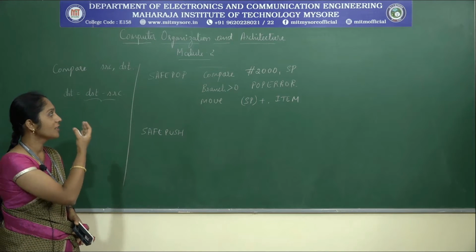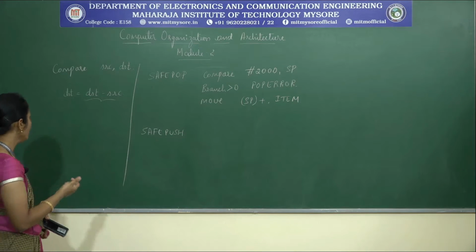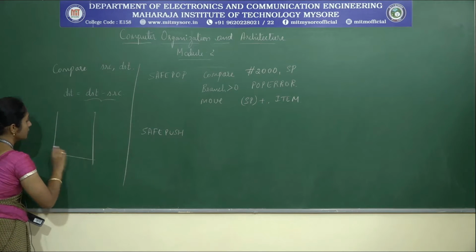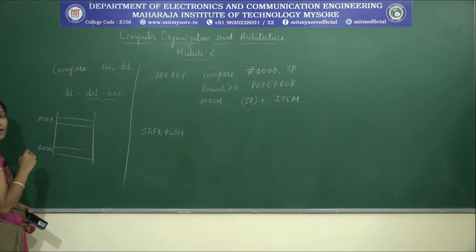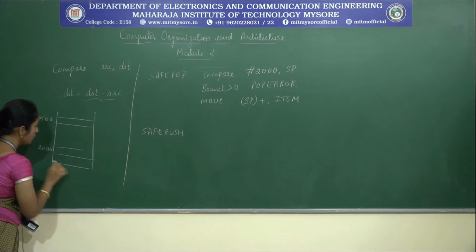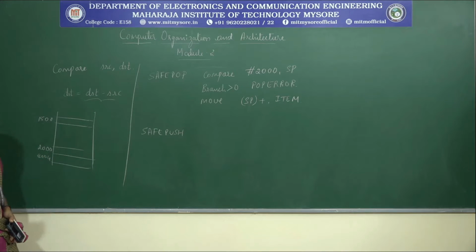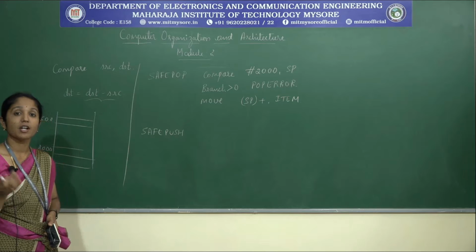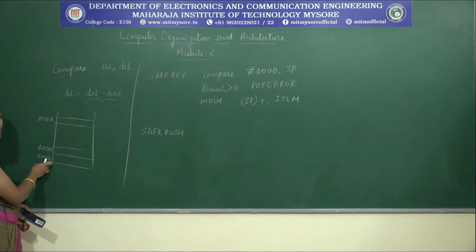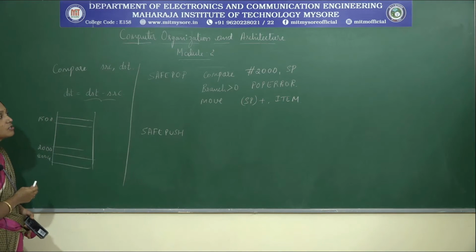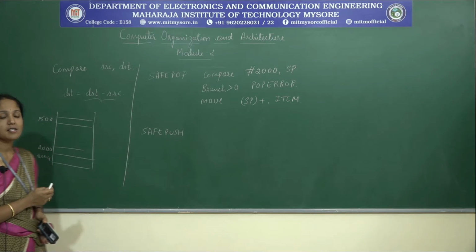If you observe, the first instruction says compare hash 2000 with the stack pointer. If I assume the stack pointer is pointing to a location which is beyond this, let me assume it is 2004 initially, that is, we load the stack pointer with 2004. I am speaking about the push and pop operations. If it is pointing to 2004, the subtraction result, 2004 minus 2000, will be 4, which is greater than 0, so that indicates that it is out of the stack.